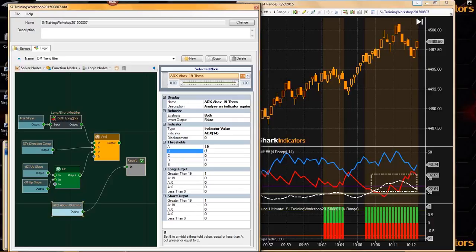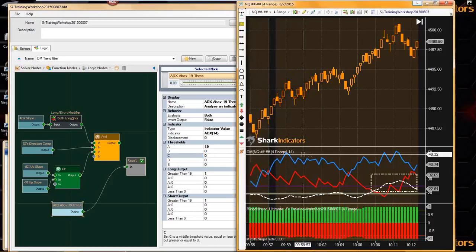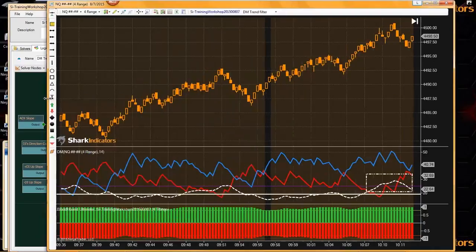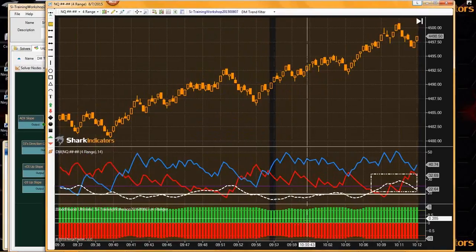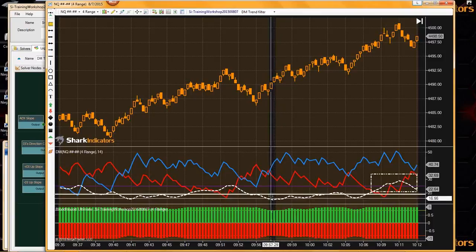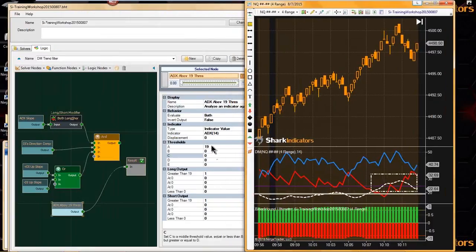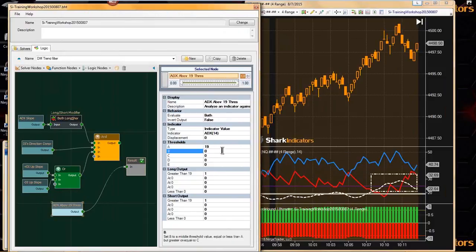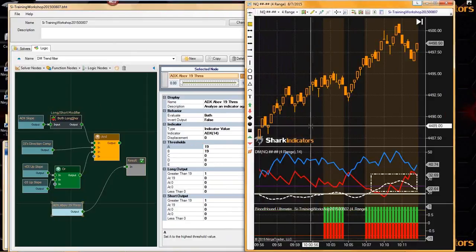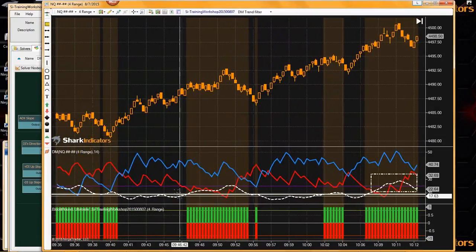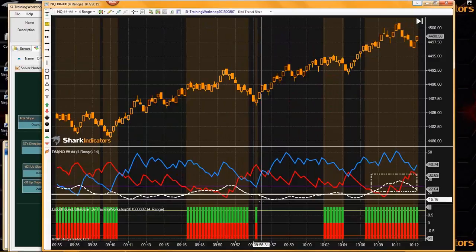Previously when this was 0, this was using BloodHound's fuzzy logic, so you can see the output varies a little bit. But we want to use an absolute value of 19, so you just put that in there twice. And now we can see it filters out the ADX above 19 as an absolute.